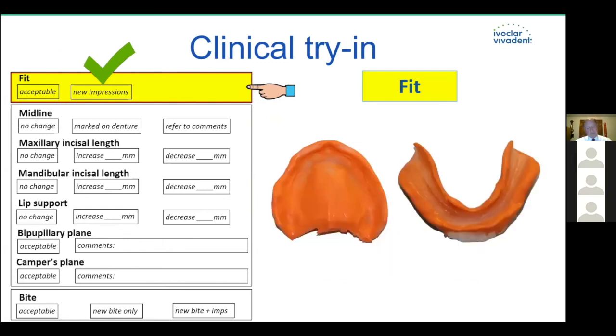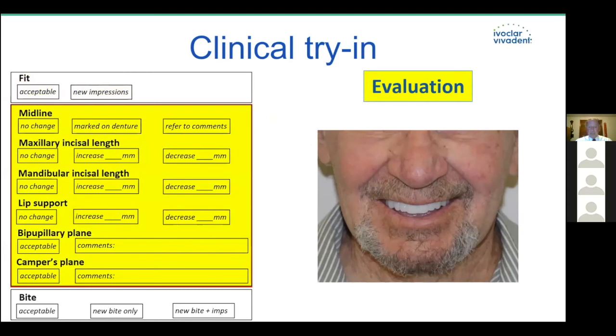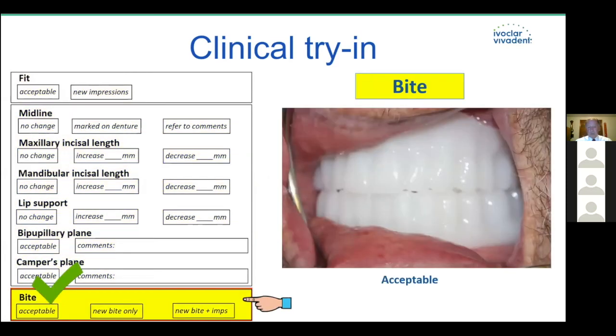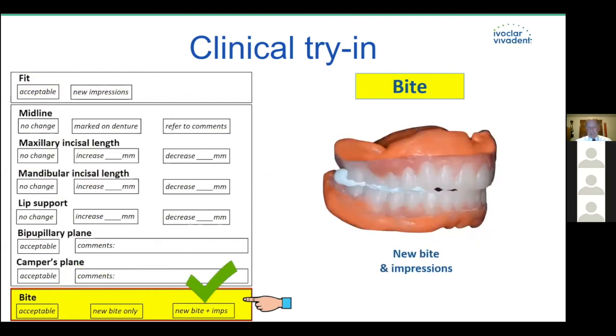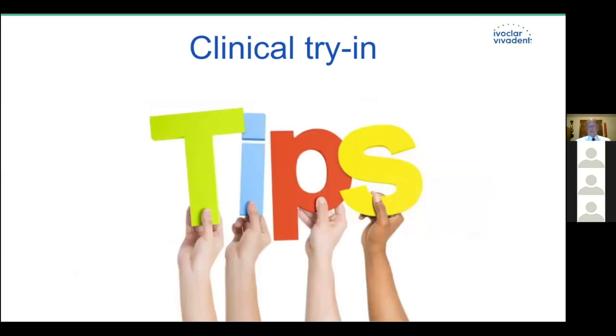If it doesn't fit at the try-in stage, you have to take another impression. Then we look at the evaluation of it, and we go through all the different parameters of evaluation. And then we look at the bite, and sometimes we have to take a new bite, and sometimes we have to take impressions and a bite at try-in, or sometimes you do nothing. So it all depends. But this is your classical clinical try-in with this material.